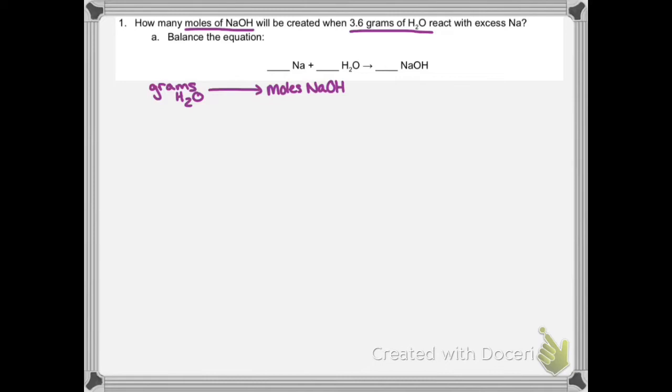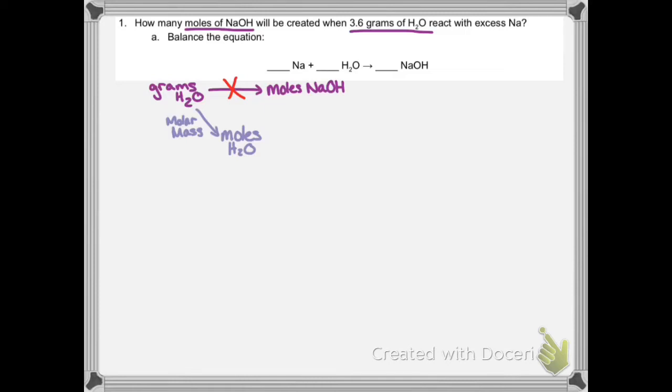So you guys are right, we can't do this directly. Instead, we first need to convert to moles of something else. We're going to convert to moles of water, because we know we can get from grams of water to moles of water. To do this, we use the molar mass, because that's the only way to convert between grams and moles of the same substance.